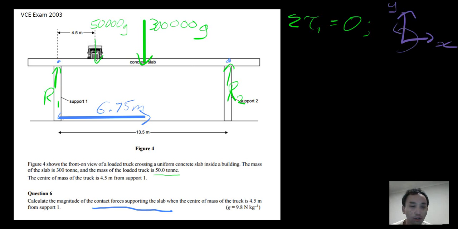So let's look at the first one over here. The first force of 50,000 g, you can visualize is going clockwise around this point over here. So this means we're going to have a negative torque. Negative the distance, and the distance over here is 4.5 meters away from point 1. So we have 4.5 multiplied by 50,000 g.